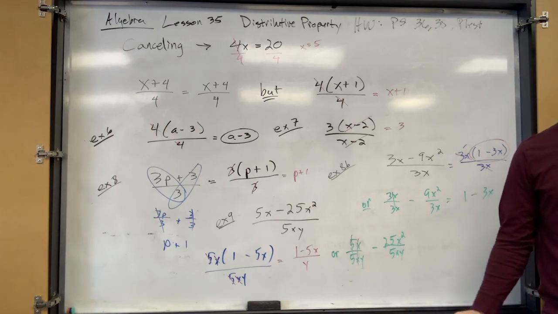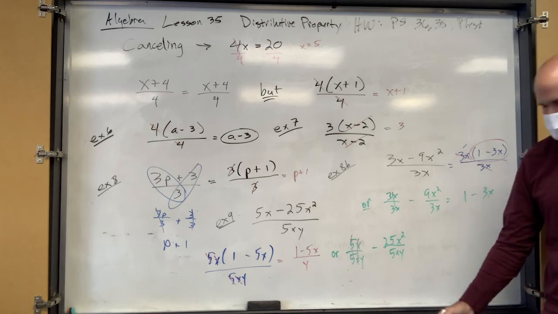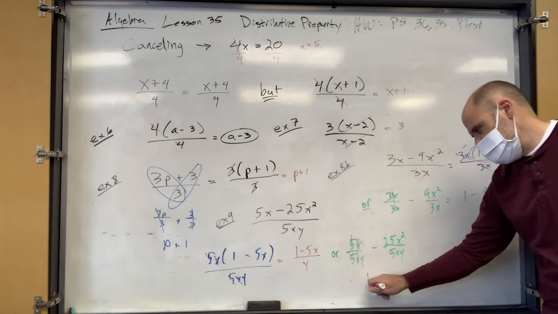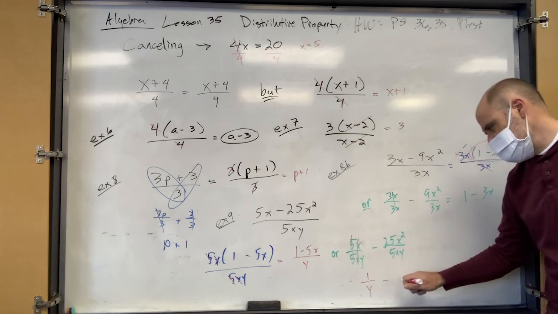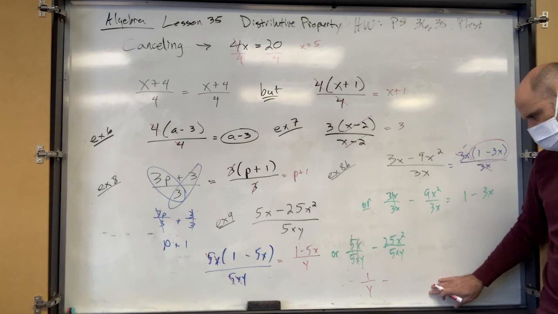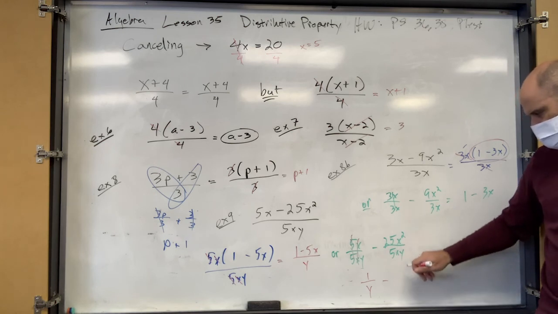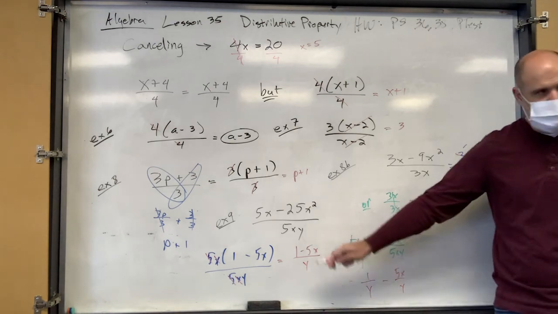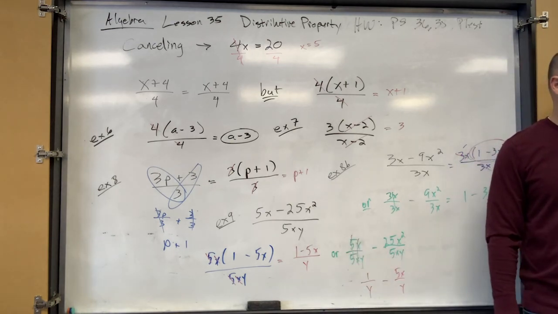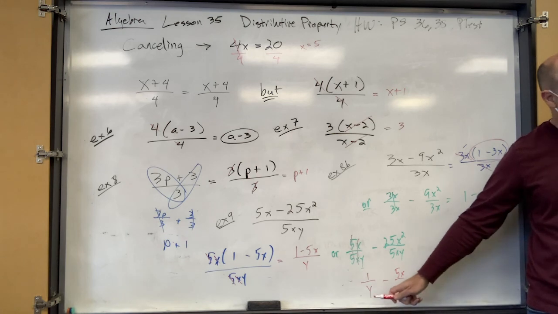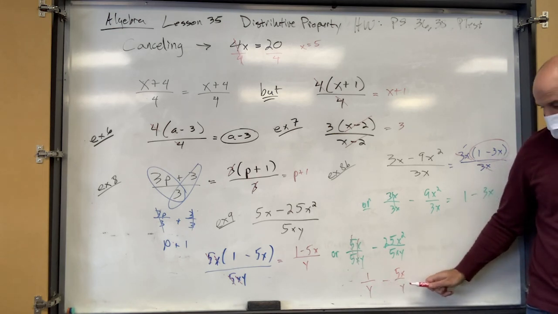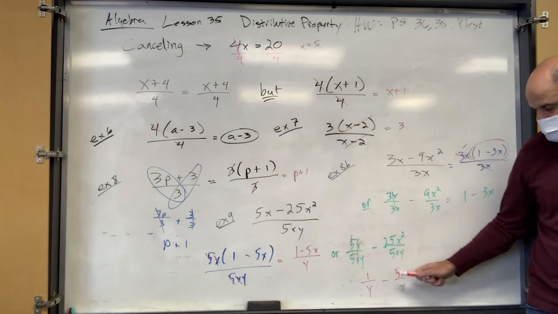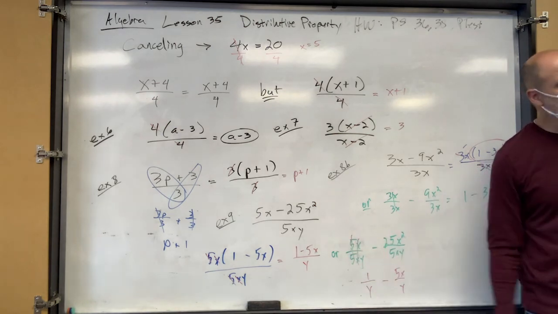A y on the bottom, so that's 1 over y. If everything cancels on top, you still need a 1 there. 1 over y minus 5x over y. Is that the same thing? If these are fractions with common denominators, you just add the numerators, 1 minus 5x all over y, and that's the same thing.